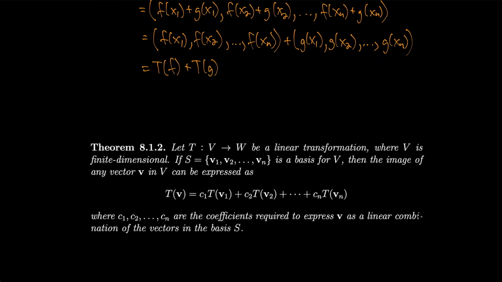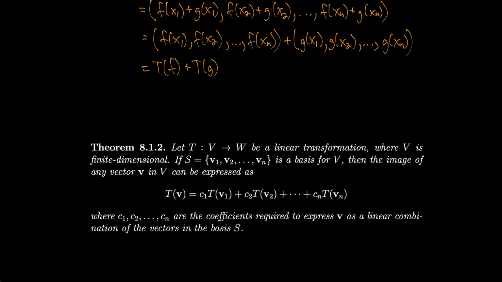Let T from V to W be a linear transformation where V is finite dimensional. If S equals V1 through Vn is a basis for V, then the image of any vector V in V can be expressed as C1 times V1 plus C2 times V2 plus so on through Cn times Vn.